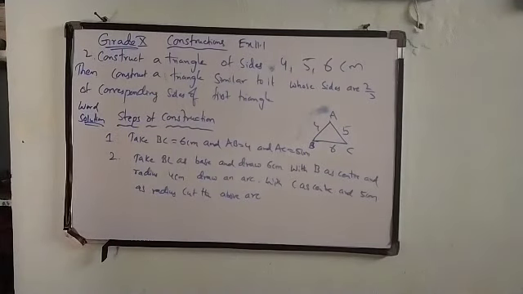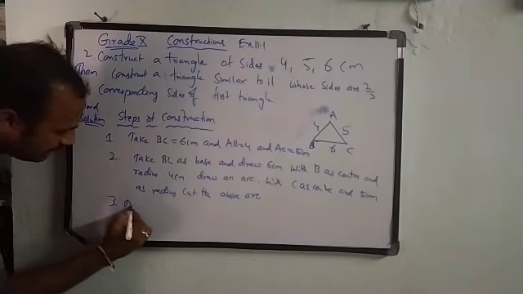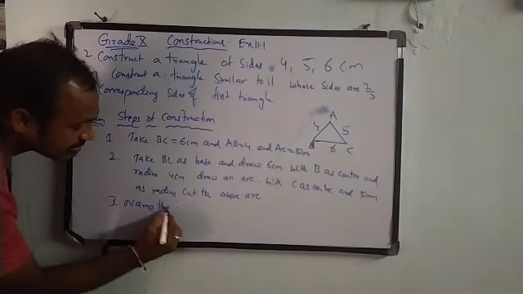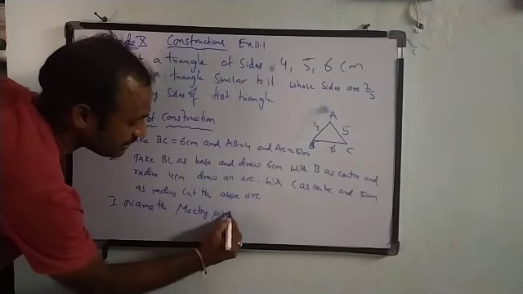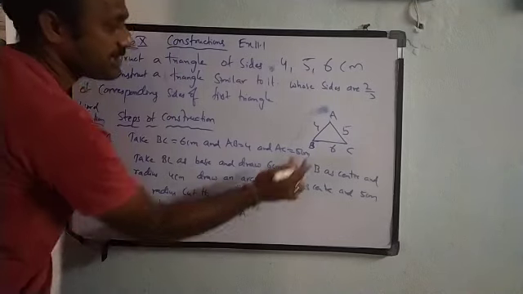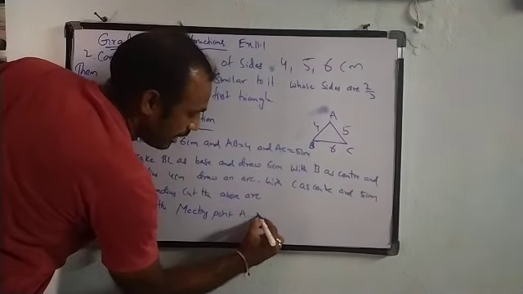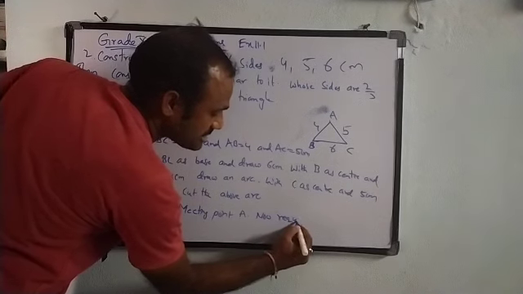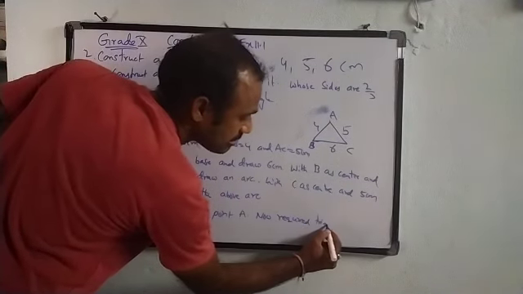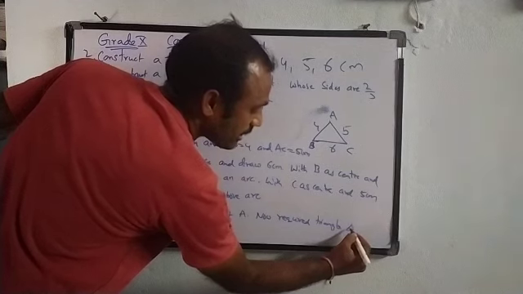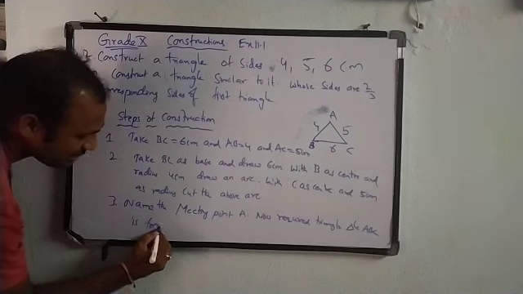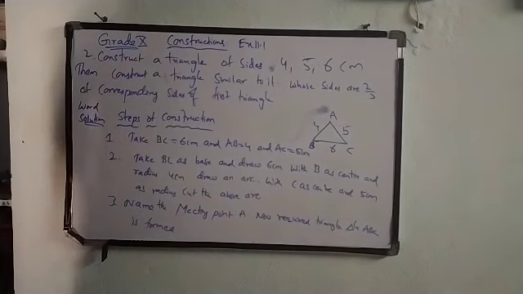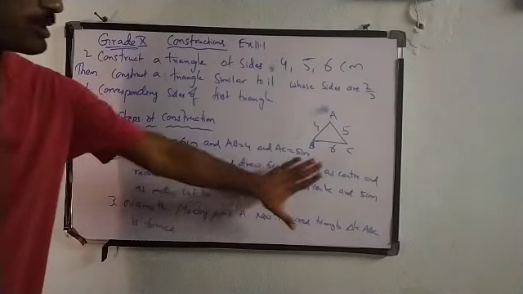Name the meeting point of the two arcs as A, not C, A. Now the required triangle ABC is formed. So this is the basic construction that we have learned in the lower classes.